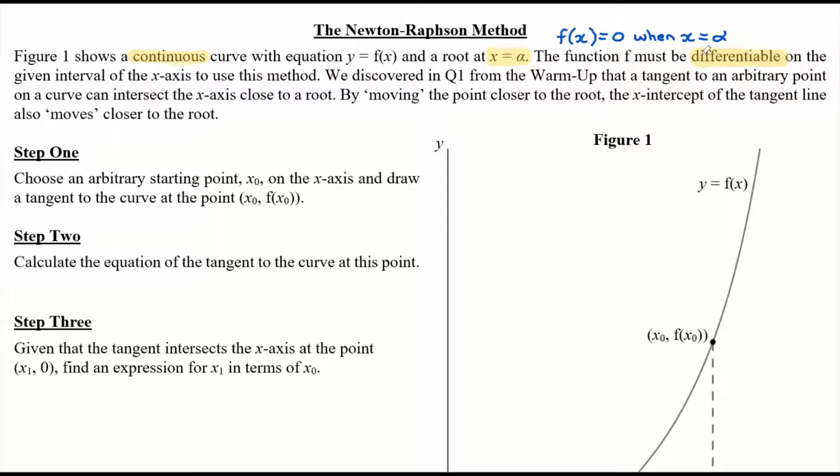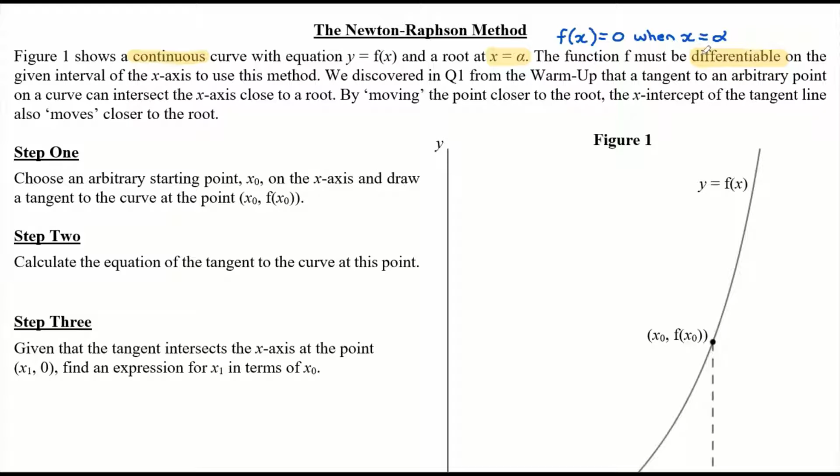So once we know that a function is continuous and differentiable and it has a root, we can start the Newton-Raphson process. So just before we start, just going back to question 1 in the warm-up, we discovered that a tangent to an arbitrary point on a curve can intersect the x-axis close to a root.